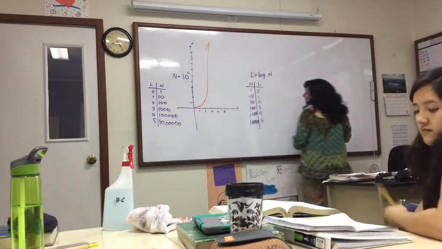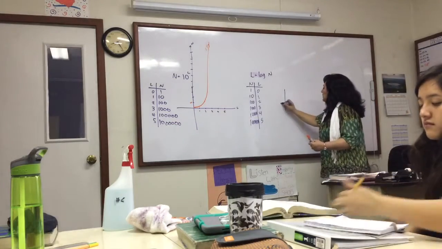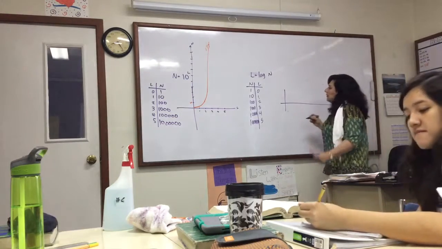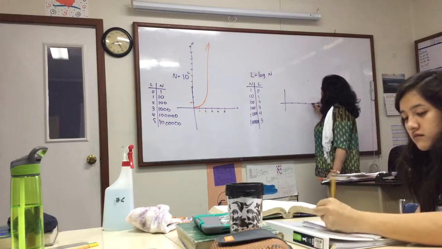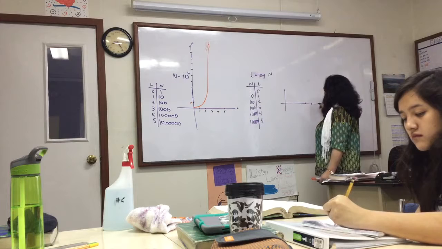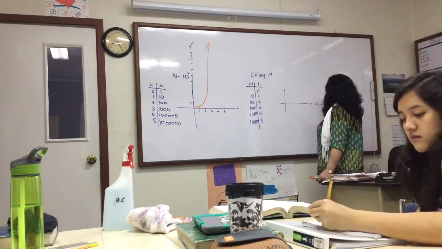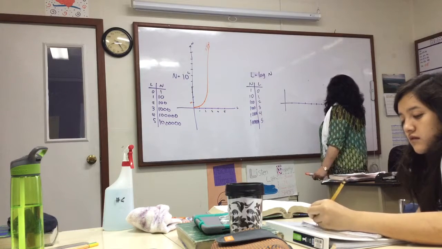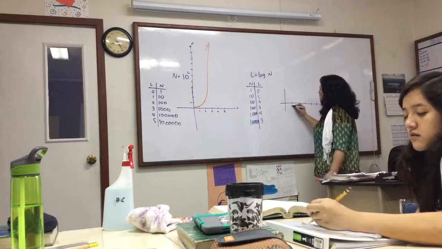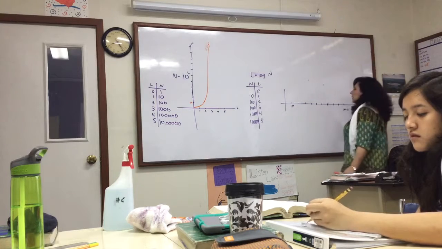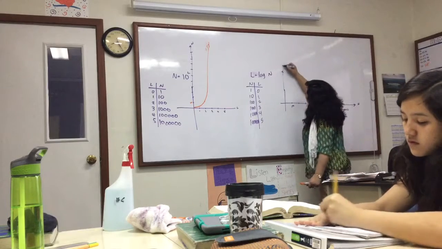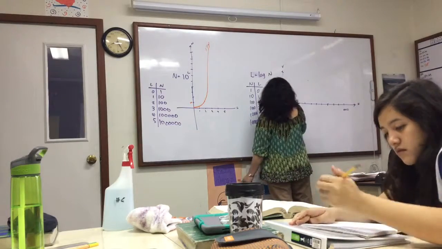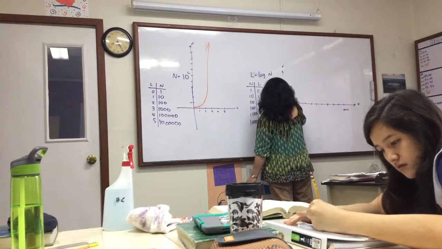What's this one going to look like? This is 1,000, this is 100. This is N, this is L, and L is 1, 2, 3, 4, 5.